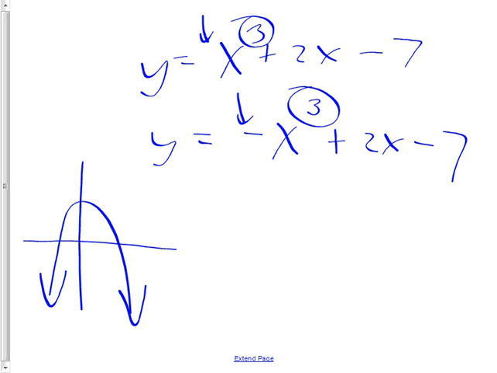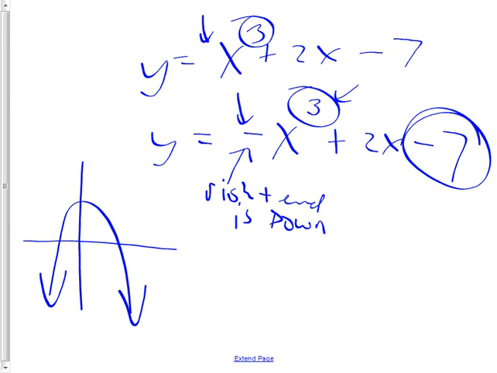And you look at the lead number here, and that tells you if it's up or down. This tells me right here that the right end is down. And since it's odd, I know then that the left end is up. And what does that tell me? What's the negative 7?